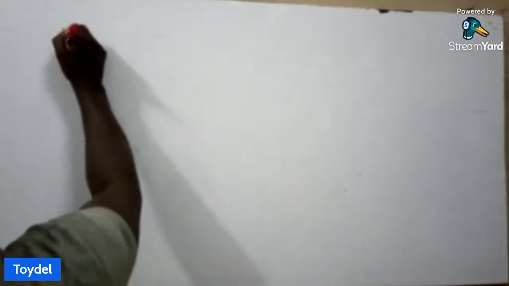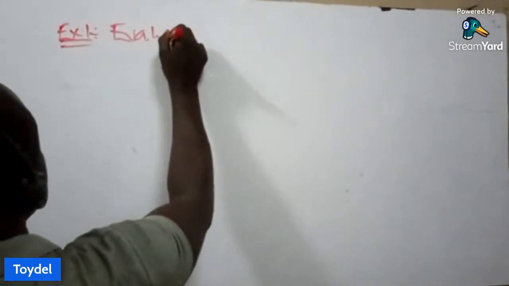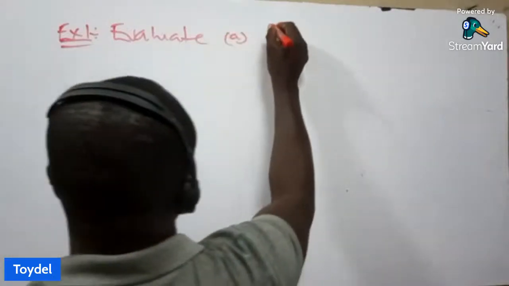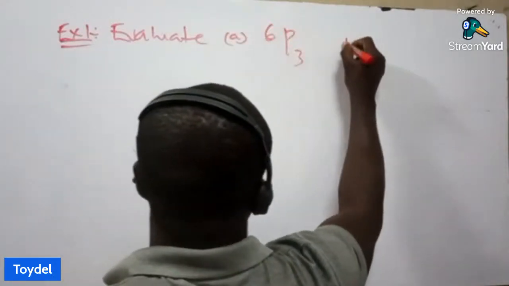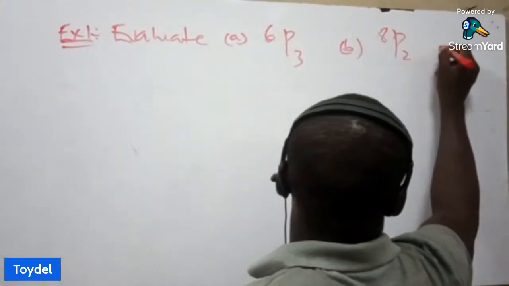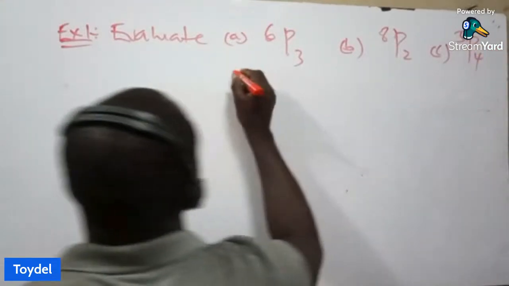So, example. Evaluate the first one, 6 permutation 3. Then we have 8 permutation 2. Then probably the third one, 5 permutation 4.